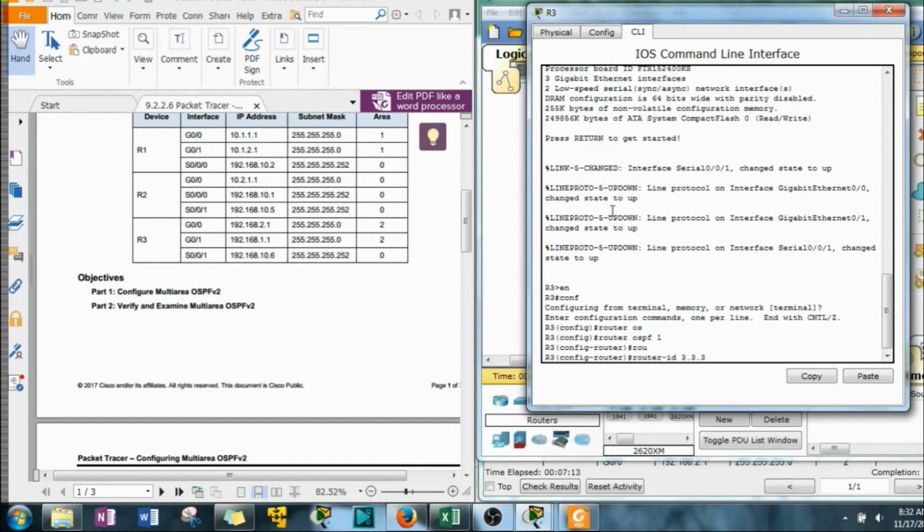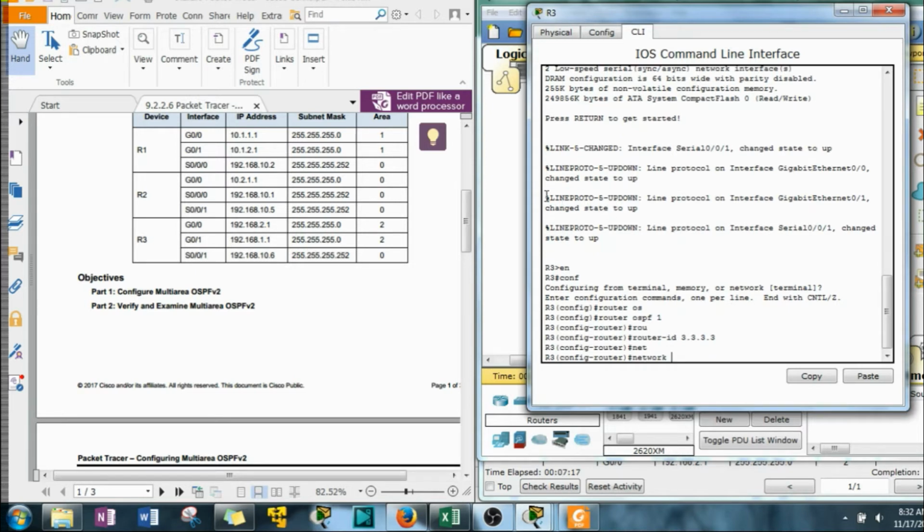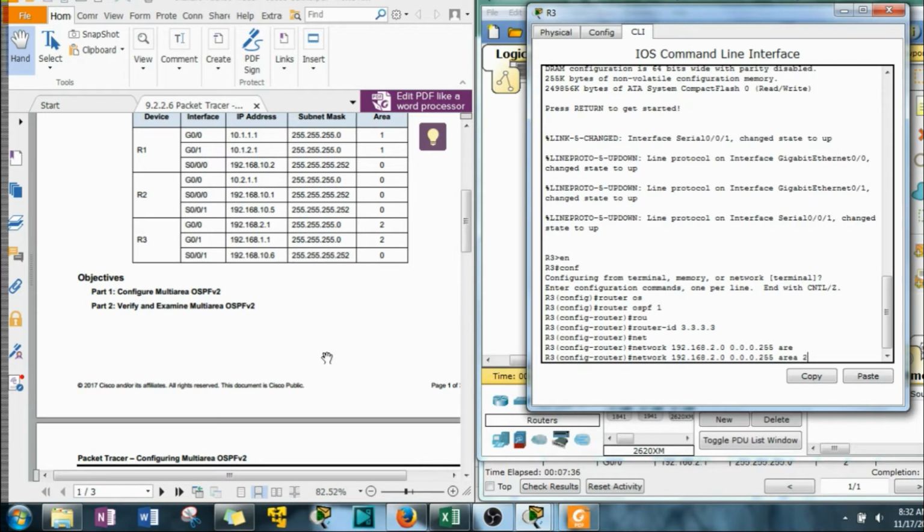Router ID 3.3.3.3. Network 192.168.2.0. It looks like it's a wildcard mask of 0.0.0.255, area 2.